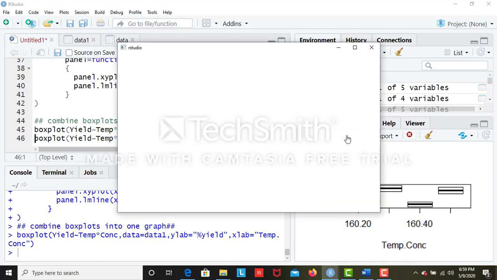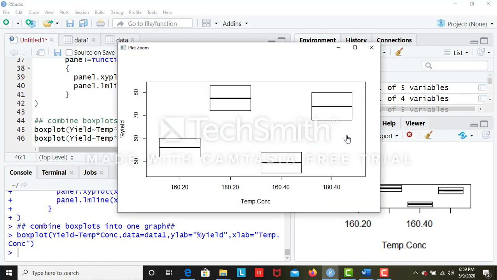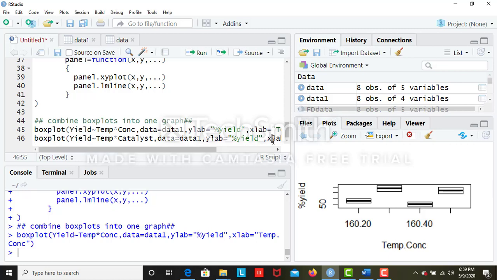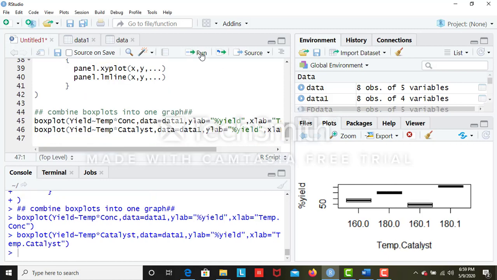So here we see how yield and temperature relate or interact. We see how temperature and concentration interact to affect the yield. So that is one box plot, and the other one here is simply temperature and catalyst.